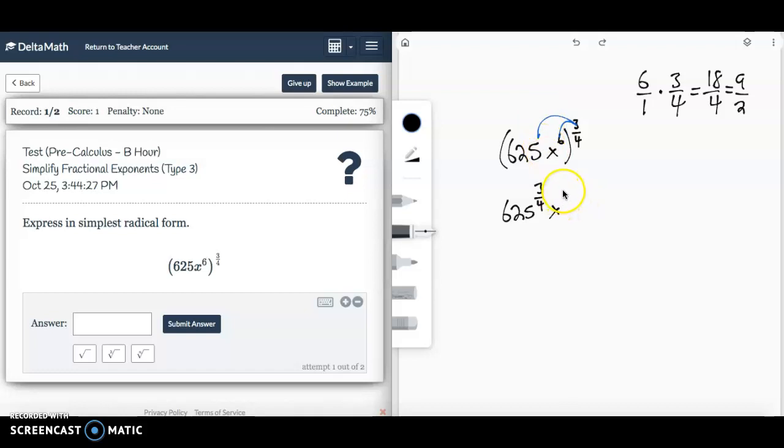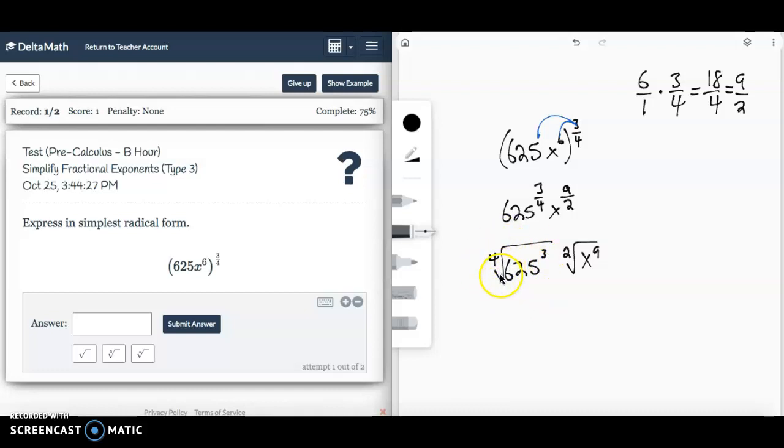All right, so then I get x to the 9/2 right here. And we're going to go ahead and rewrite these using our power over index rule. So 625 to the 3rd, and I'm taking the 4th root of that, times x to the 9th, and I'm taking the square root of that, and then we're going to simplify. So let's do the part we can do in our calculator.